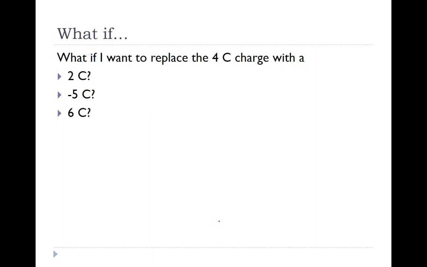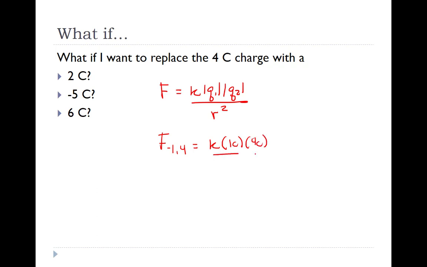If you go back and look at that math, we used Coulomb's law 3 times, one for each of the other charges. So we had things like F negative 1,4, which was K times 1 Coulomb times 4 Coulomb divided by whatever distance that was squared.